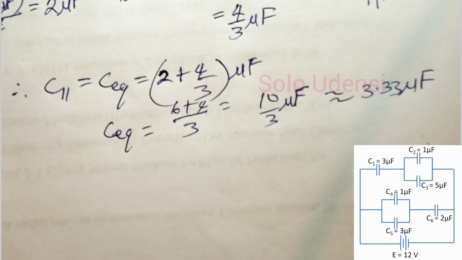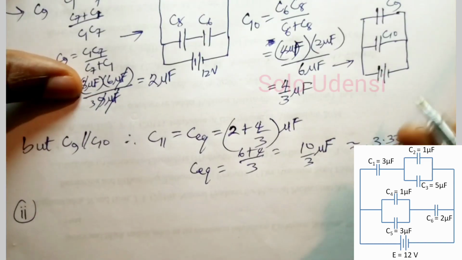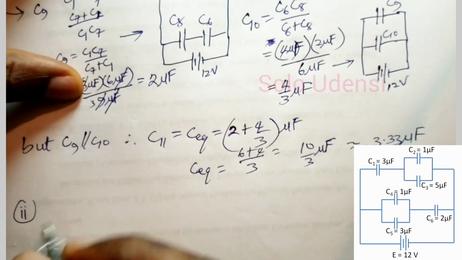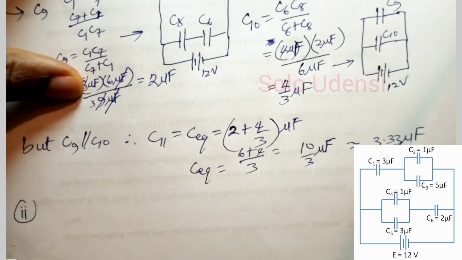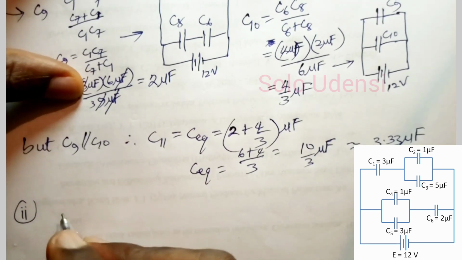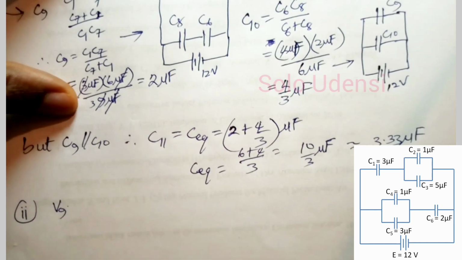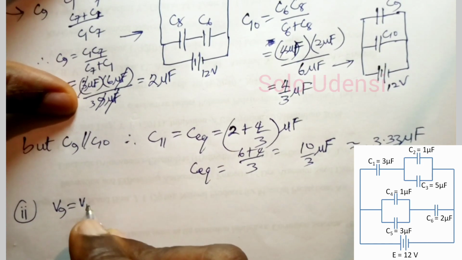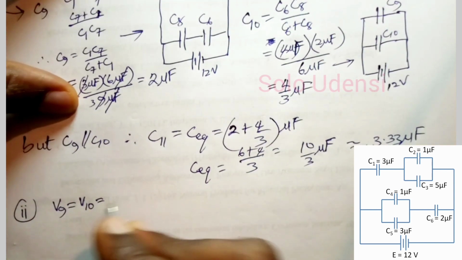So the next thing now is to find the voltage. When you look at this last one, you see that C9 and C10 are connected in parallel, so they have the same potential across them. So we say that V9 is equal to V10, and is equal to 12 volts.